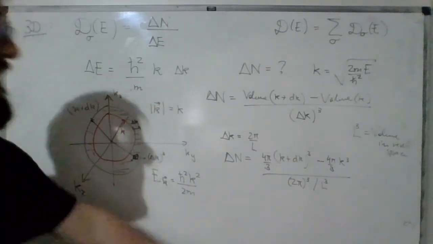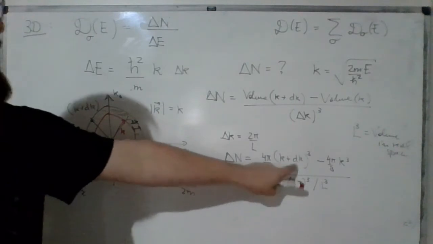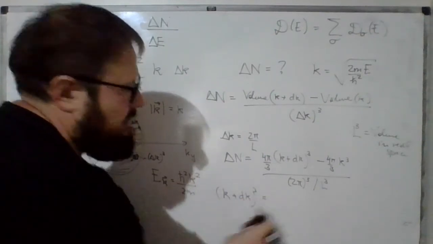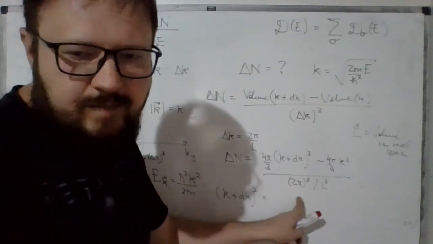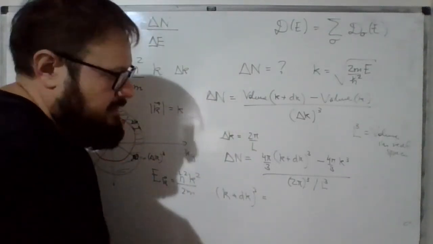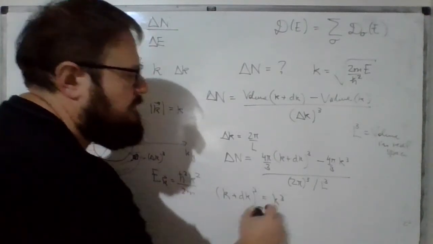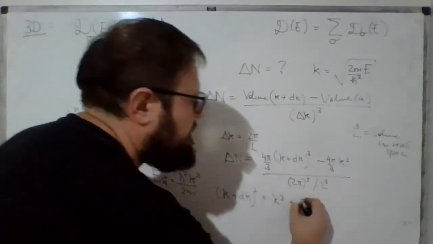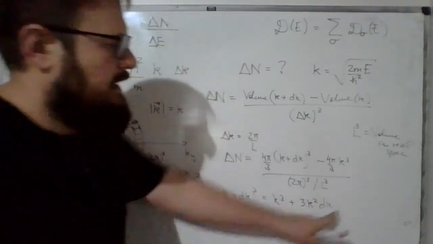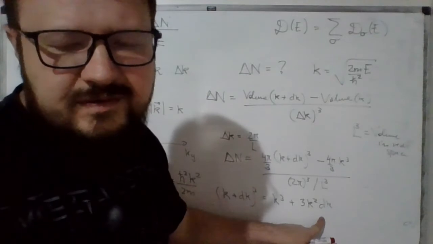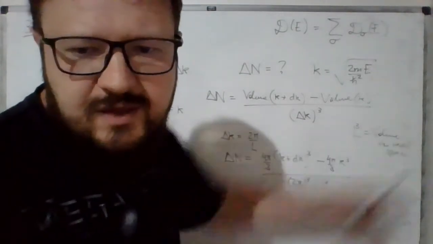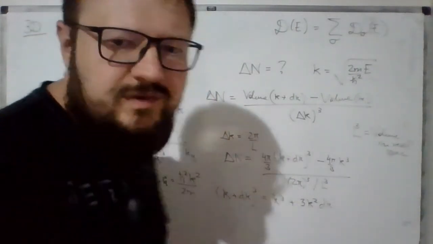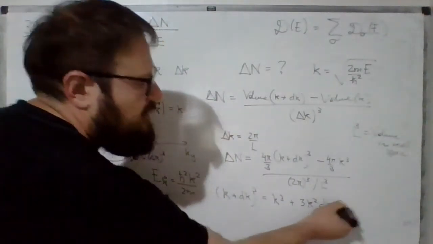And to make this calculation, you can expand (k plus dk) cubed by the binomial theorem, and you get k cubed plus 3 times k squared dk, and the other terms go in higher orders of dk squared and dk cubed, but this is to be taken in the limit of delta k going to 0. So we just stop here.